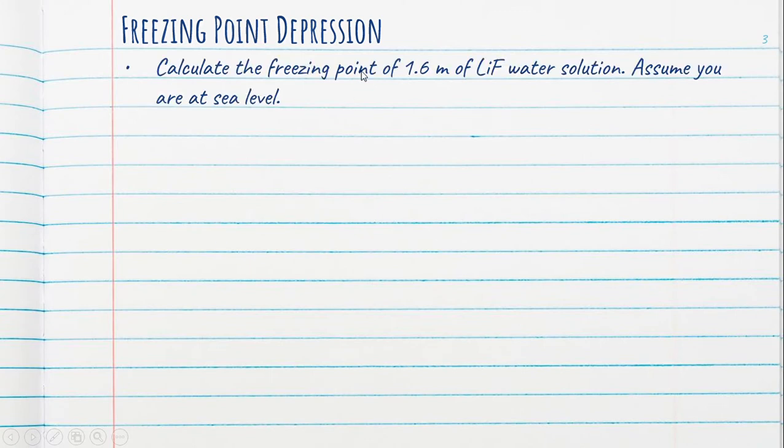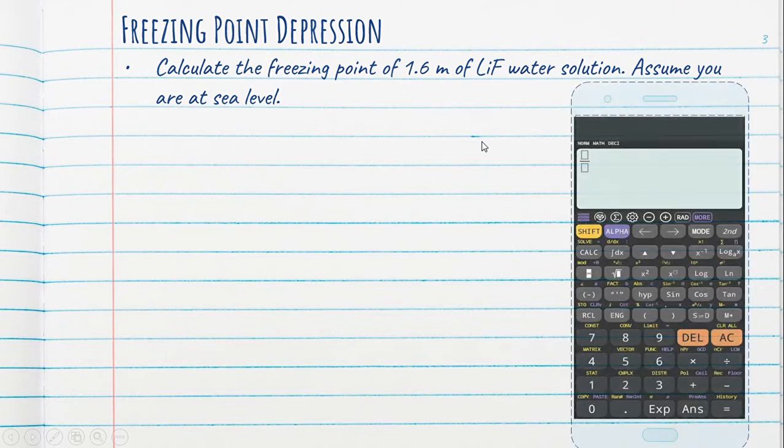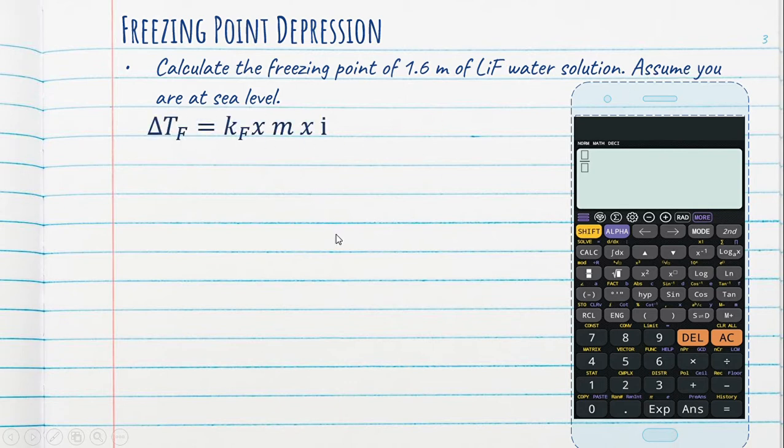Next is the freezing point depression. Calculate the freezing point of a 1.6 molal lithium fluoride water solution. Assume you are at sea level. So the formula for this is this. This is the change in freezing temperature.